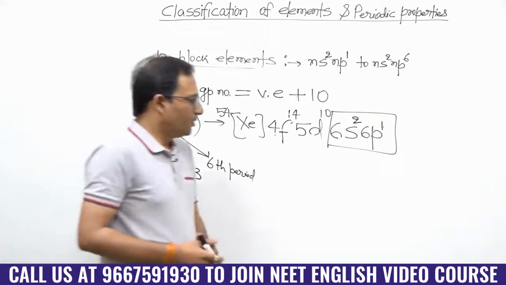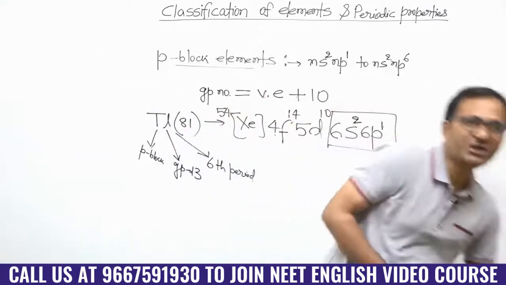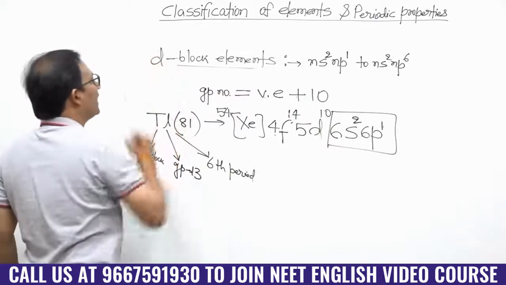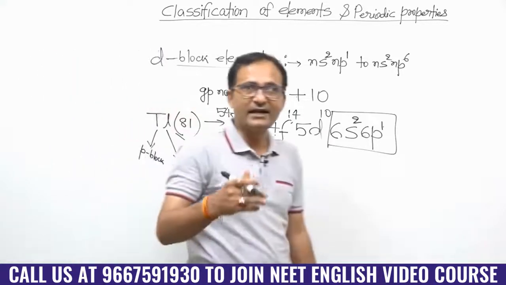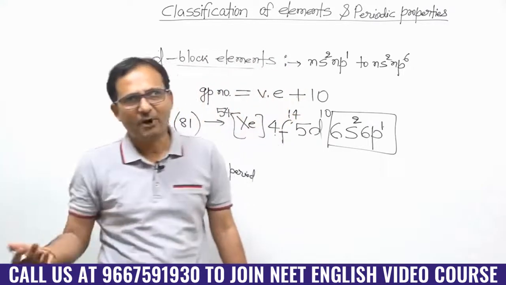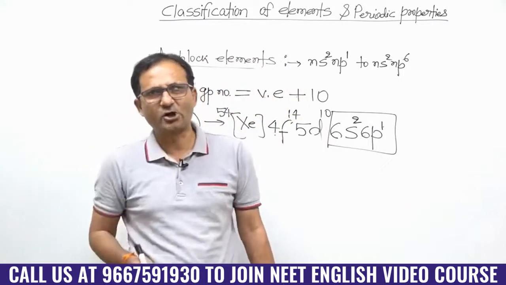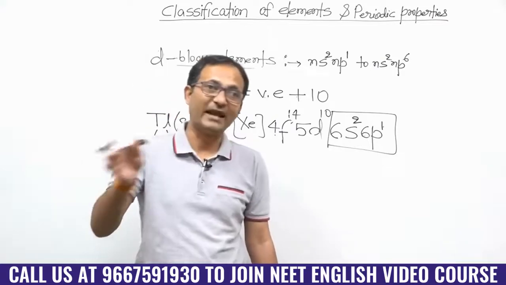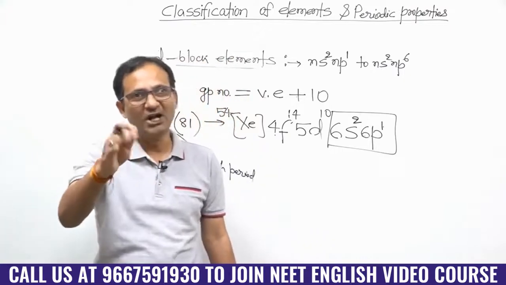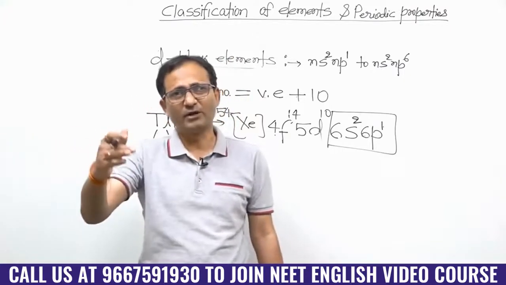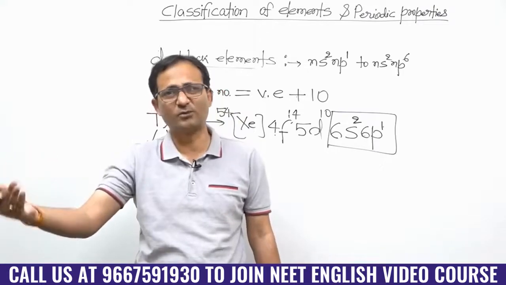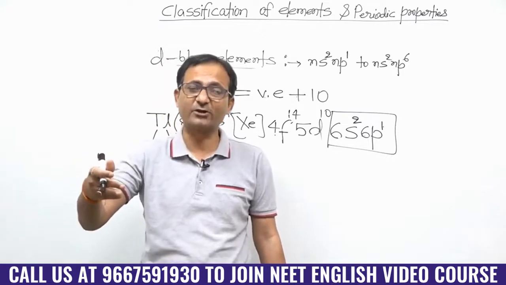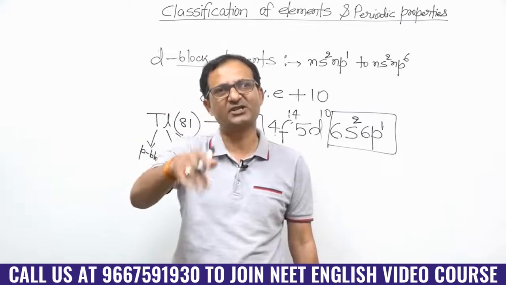Now we will discuss about d block elements. As the name suggests, in d block elements, the last electron enters into d orbital of the penultimate shell, because as you know, in the outermost shell there can be only s and p subshells which can get electron, and d subshell gets electron in the penultimate shell.